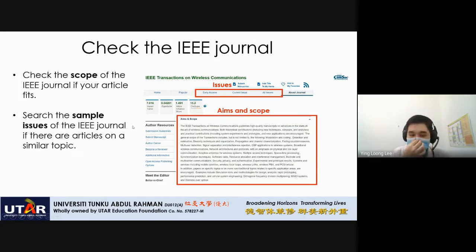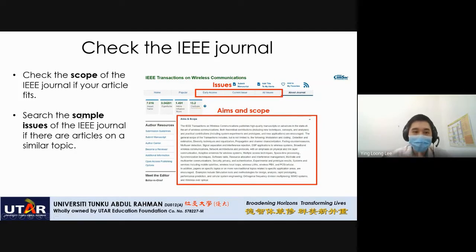So you are not just checking the scope, you also need to check whether the standard or quality required by the journal is demanding or not demanding, and see whether your work has a higher chance to get into this journal or not. All right, so always check the recent sample papers, right?